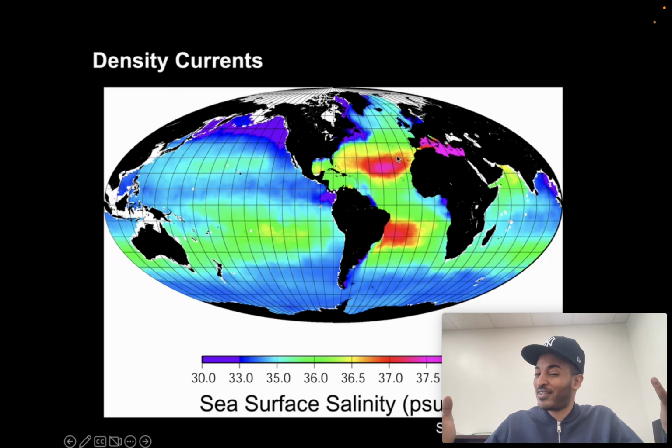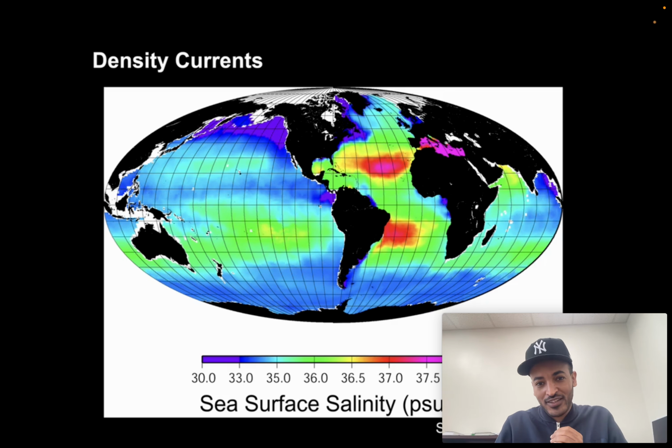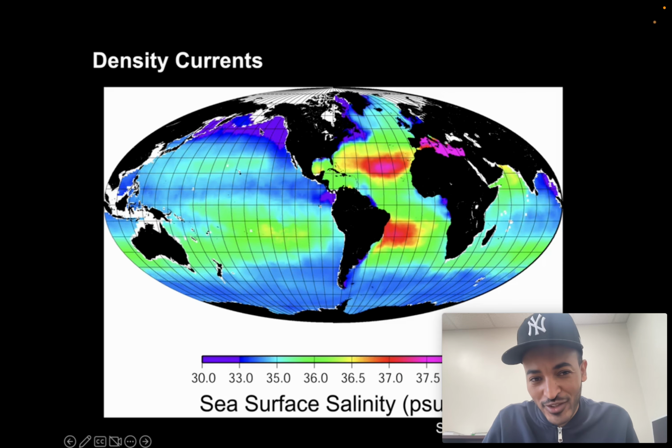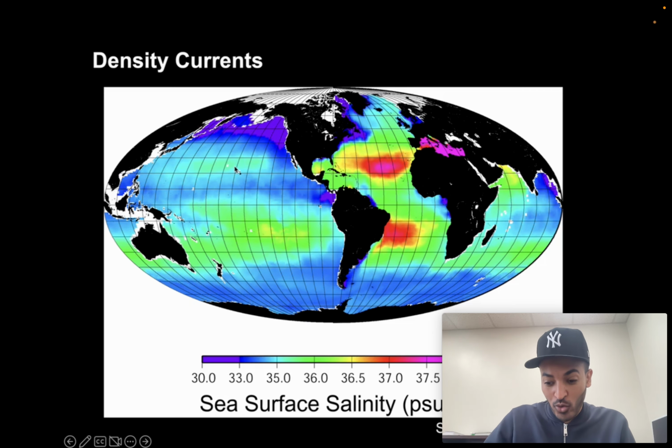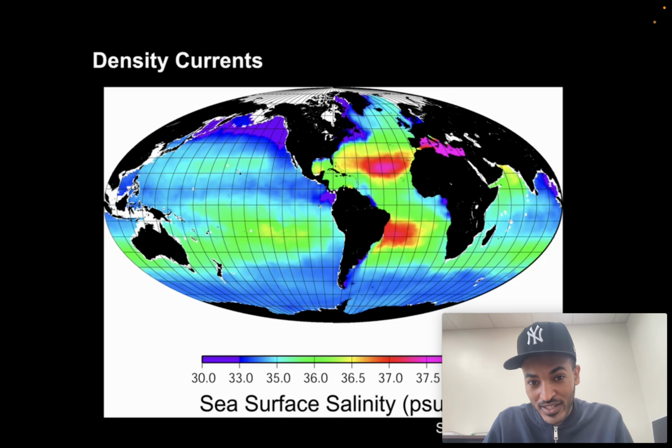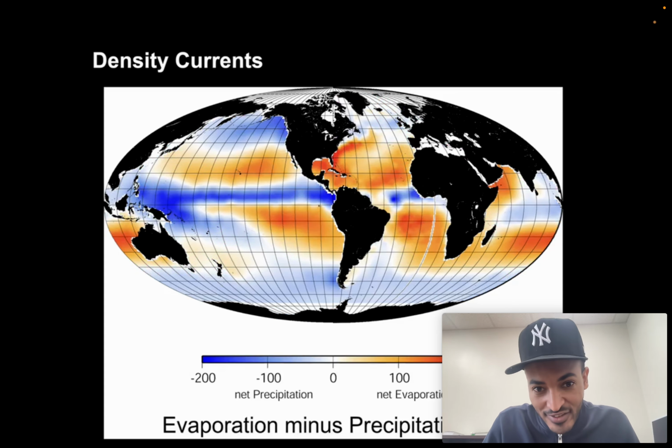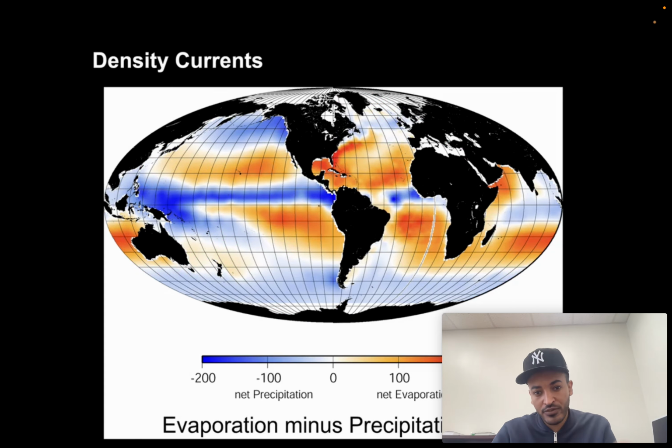Of course, you would expect the water to be relatively fresher when it is cold, but that's not the case because of the effect of what we call sea ice, right?